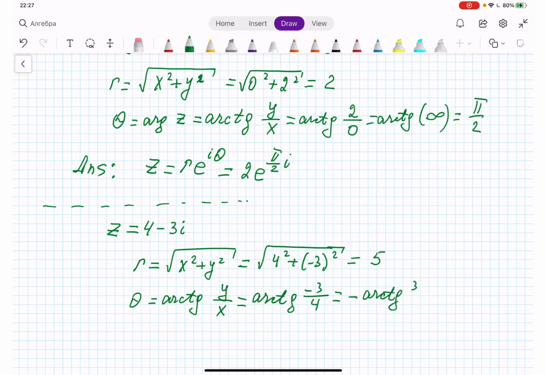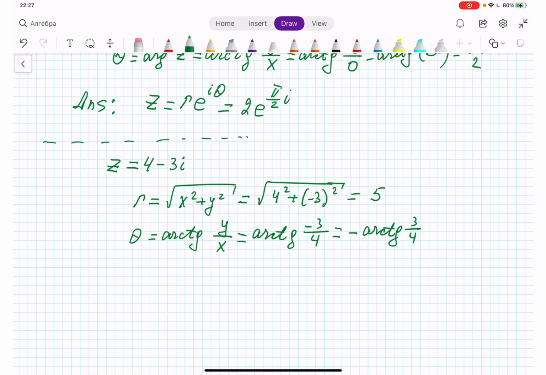arctangent 3/4. Okay, therefore the exponential form of complex number z is going to be equal to r times e to the power i theta, and that is equal to 5 times e to the power negative arctangent 3/4 times i.